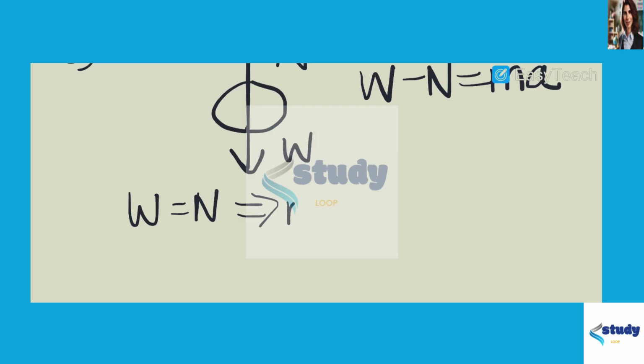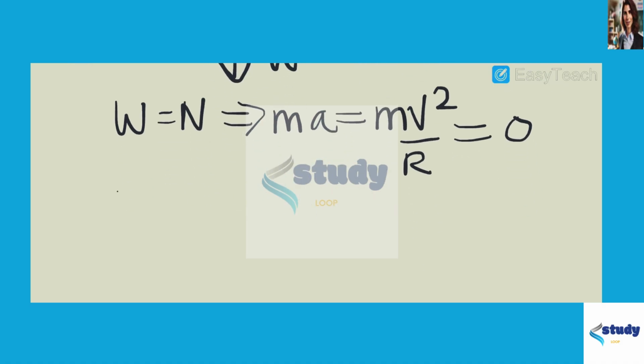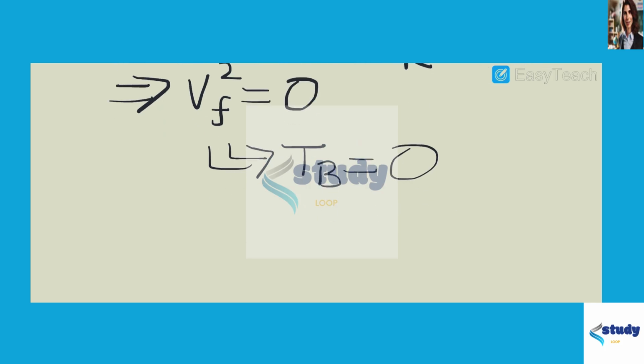Therefore, ma, which is equal to mv squared over r, is equal to 0 because the weight and normal force are exactly the same. Therefore, we know that v squared at B is going to be equal to 0. This in turn means that our kinetic energy at B will be equal to 0.